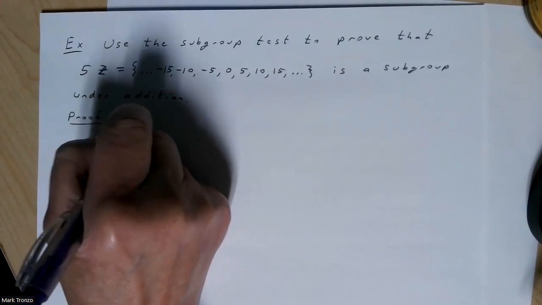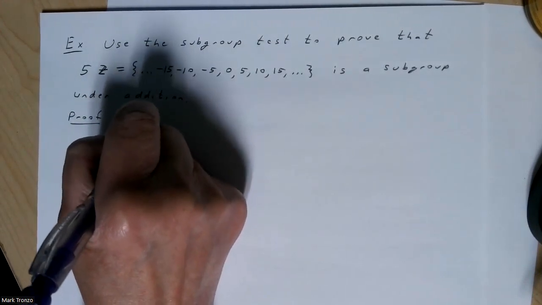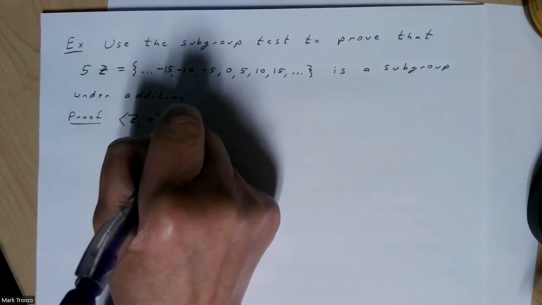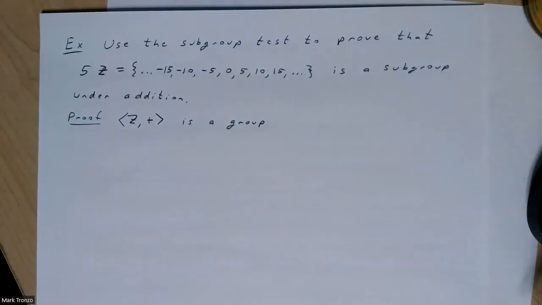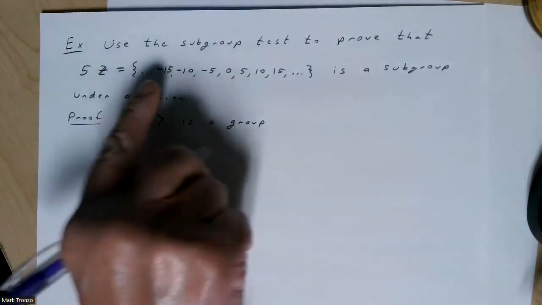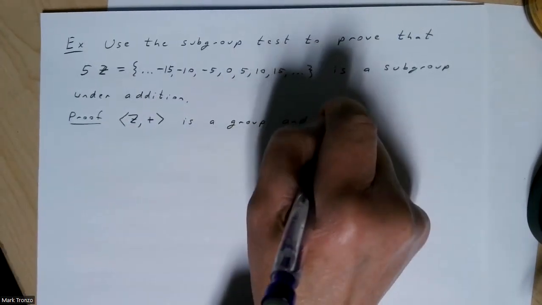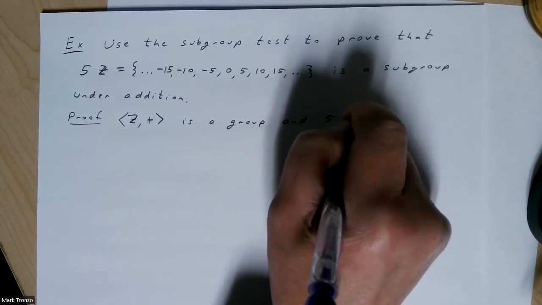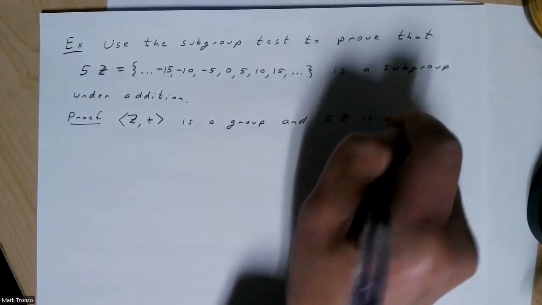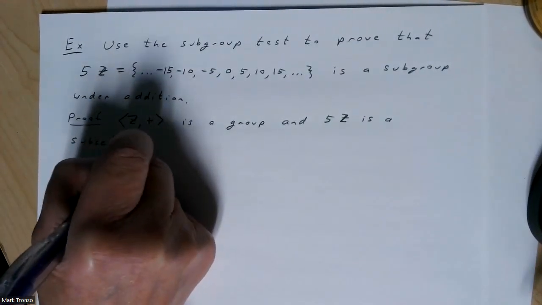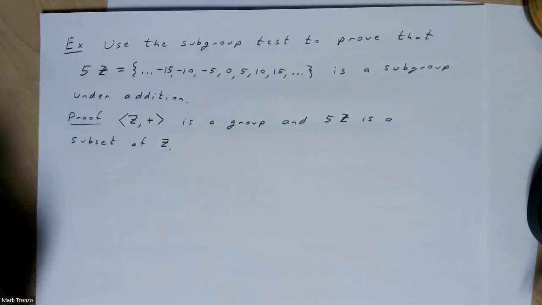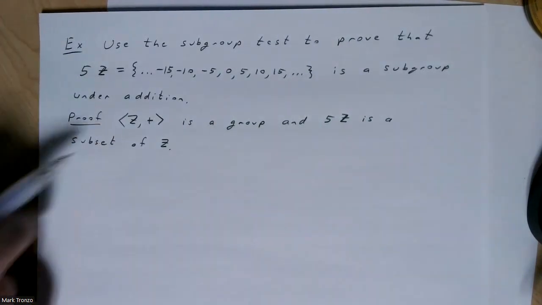So now notice that Z, which is the integers, under addition is a group. And this 5Z is obviously a subset. So we have the one condition that the original group is a group.